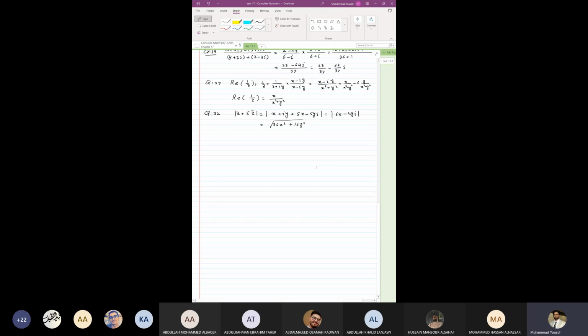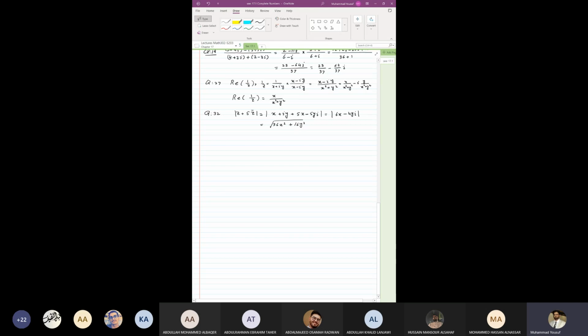Okay, now in complex numbers, we don't have one thing, and that is a positive or negative complex number, or a smaller or bigger complex number. But we can say that a complex number is close to the origin or far from the origin, and that we will determine by taking its modulus.